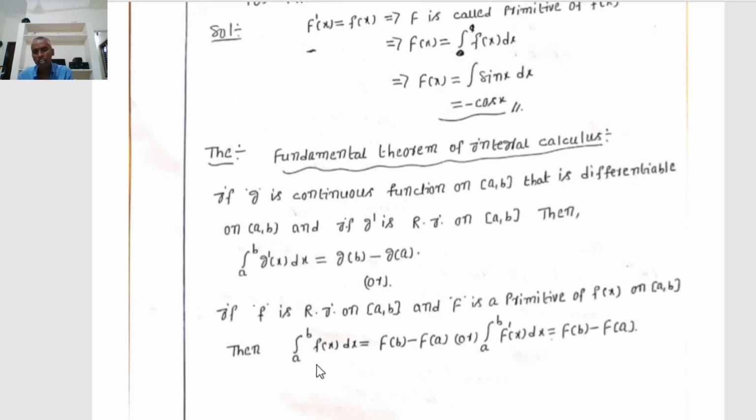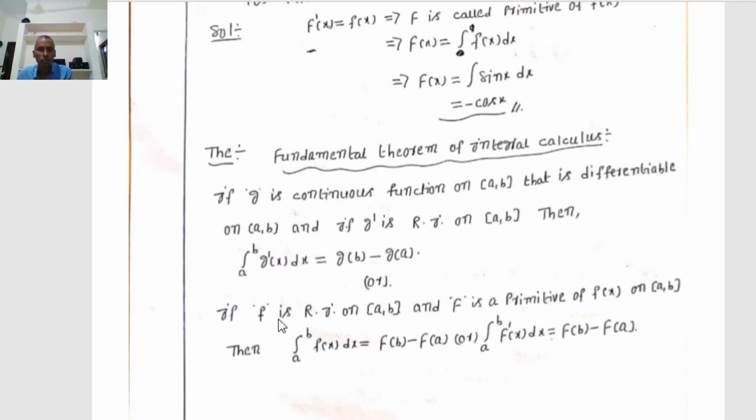First statement: if g is a continuous function on the closed interval [a, b], differentiable on the open interval (a, b), and g dash is Riemann integrable on [a, b], then the integration from a to b of g dash of x dx equals g of b minus g of a.